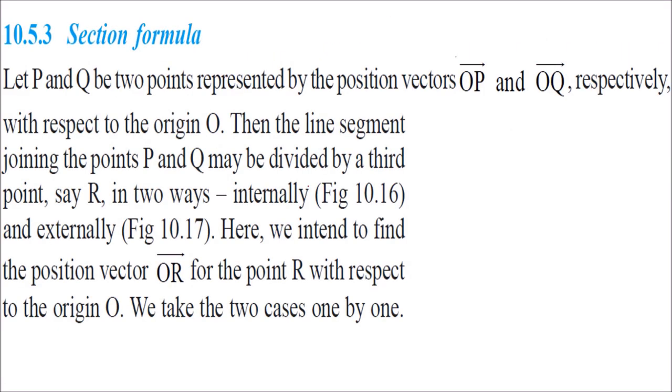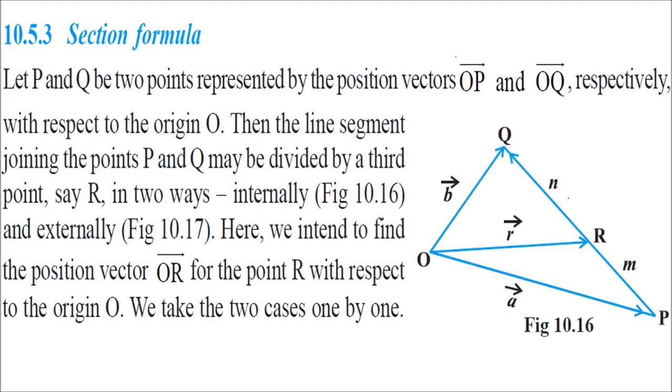Now, the section formula. Say you have vectors OQ and OP represented by A and B, and any vector R which is dividing the A and B combination in n:m internally. It can divide it externally also.